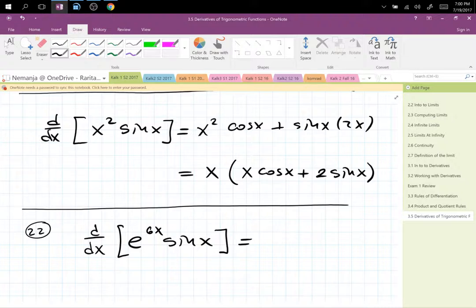You factor out e to the 6x, with the sine x and cosine x stuff left inside the parentheses.